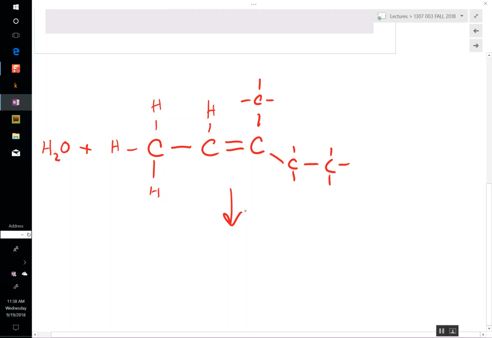Draw out the major product. There's a double bond there. An OH can go on either one of those carbons. Where is it going to prefer, where will it end up in the major product? Use Markovnikov's rule.